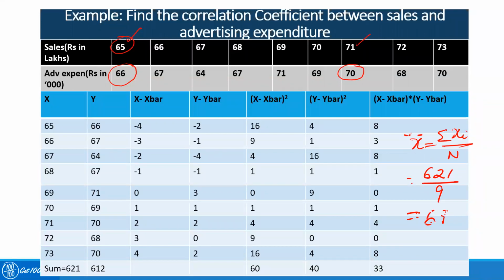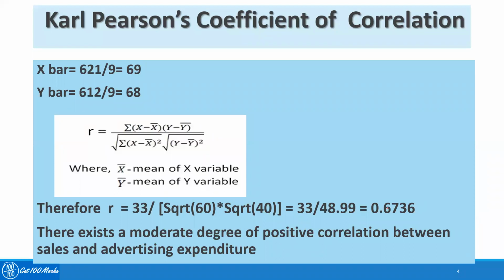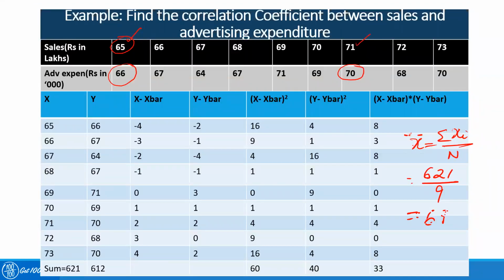Following the same way, we find the value of y bar, and we have got y bar as 68. Now we'll make the next column, which is x minus x bar, and another column, y minus y bar. Let's do x minus x bar first. 65 minus 69 comes to minus 4.